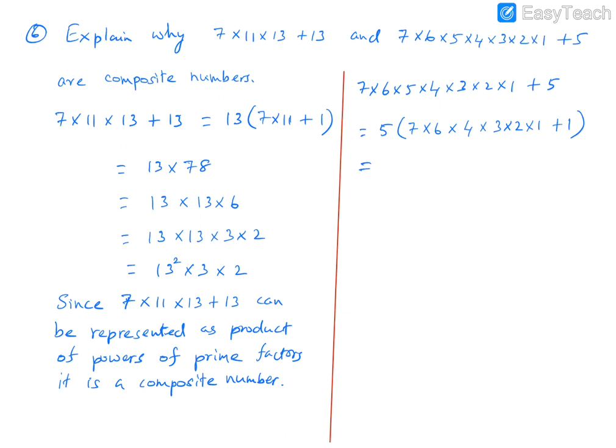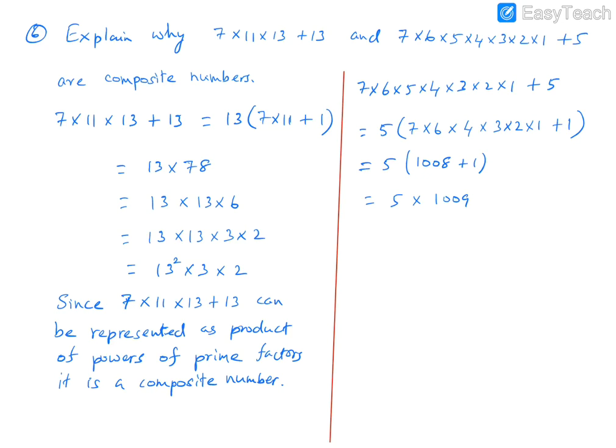So now we get 5 into, when you multiply 7 into 6 into 4 into 3 into 2 into 1, we get 1008 plus 1. So it is 5 into 1009.